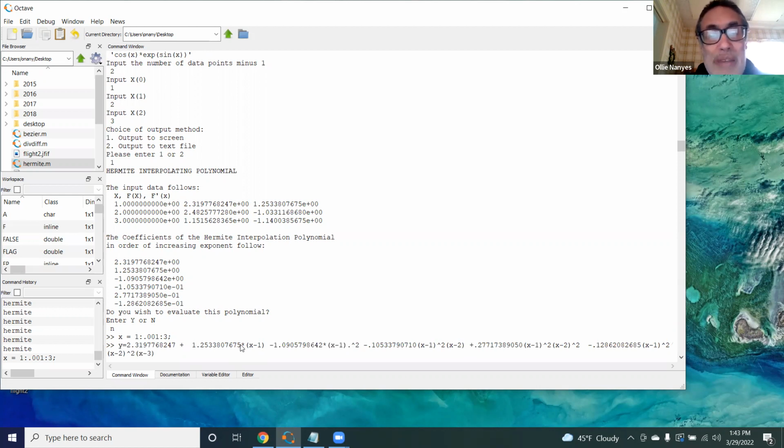In order for this to square, it's thinking it's doing matrix multiplication. So if you put a little dot before that, that turns it into elementwise exponentiation. Then you have to turn this into exponentiation.